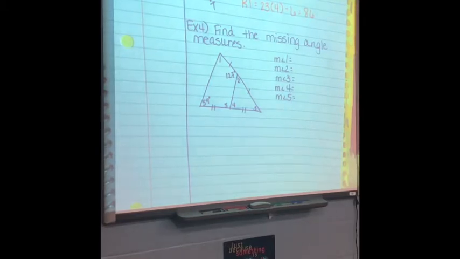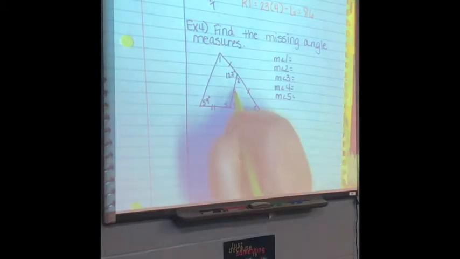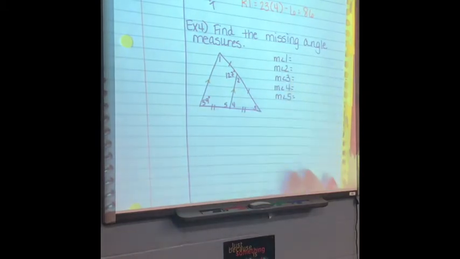All right, so let's look at it. The first thing I note is, what do I know about these two lines here that I learned in that theorem? They're parallel. So it's going to be really important to me finding out these angle measures.